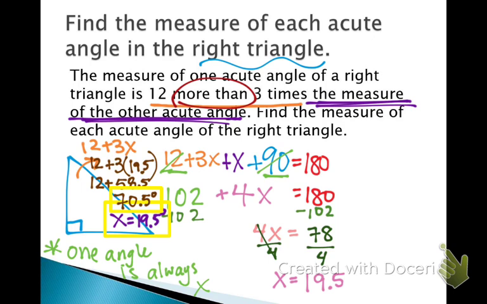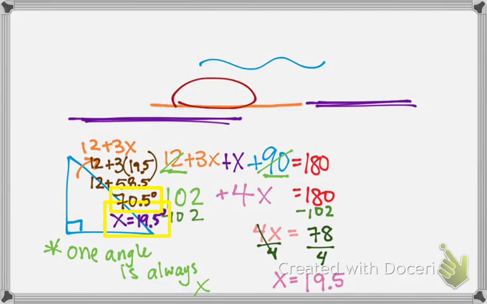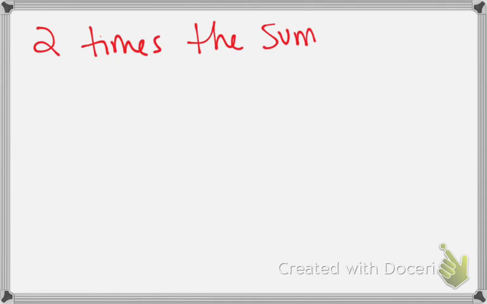You're going to write off to the side. I'm going to give you some other examples. I'm going to give you 3 examples. 2 times the sum, 2 times the other angle.